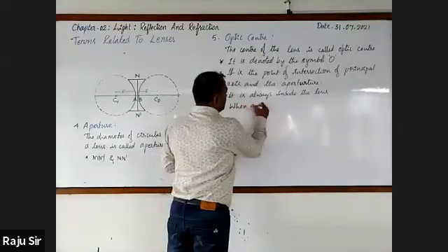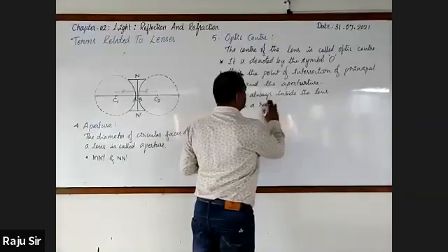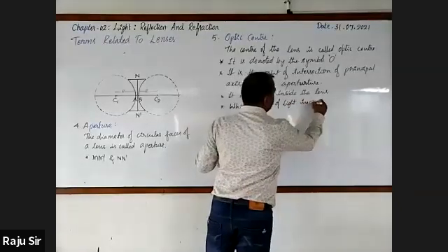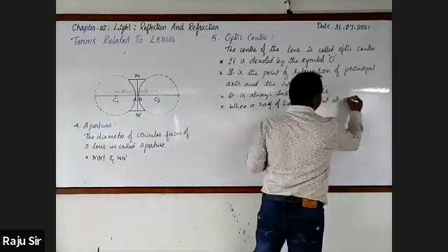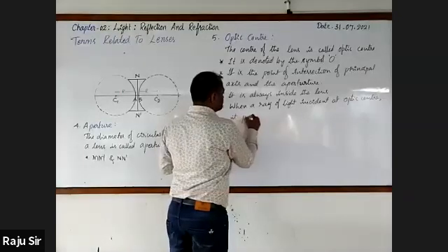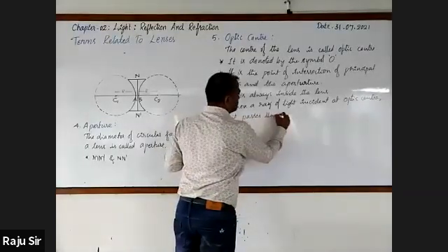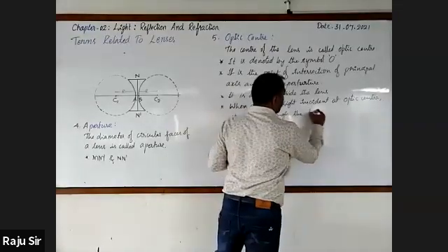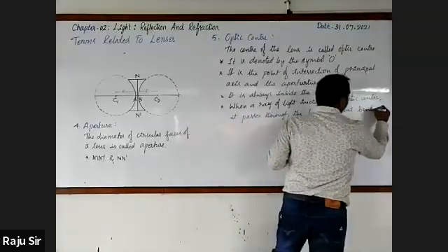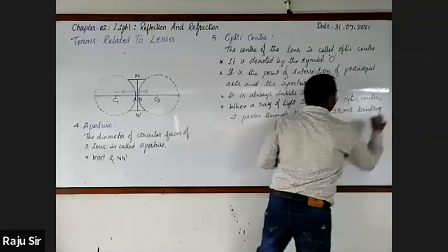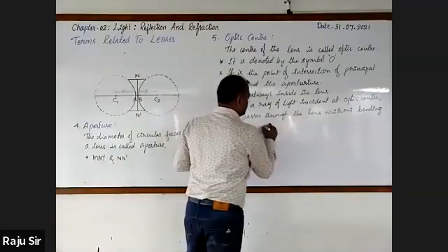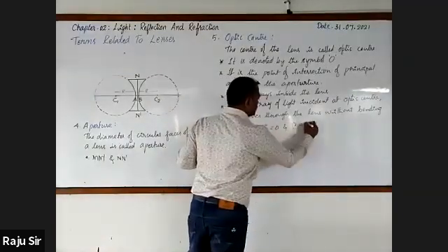When a ray of light is incident at optic center, it passes through the lens without bending, because i equals 0 and e equals 0.